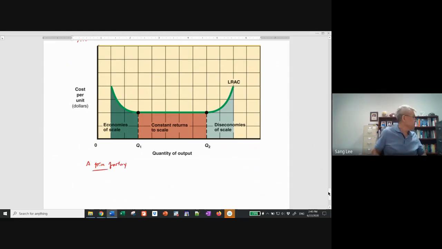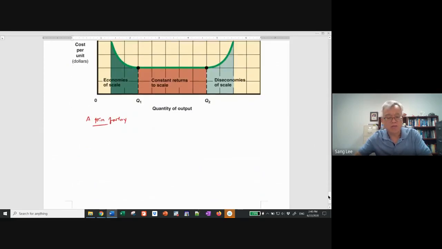So suppose you have 5 workers, okay? For example, the first worker does only one particular thing. That is, draws the wire. And the second worker only straightens the wire.